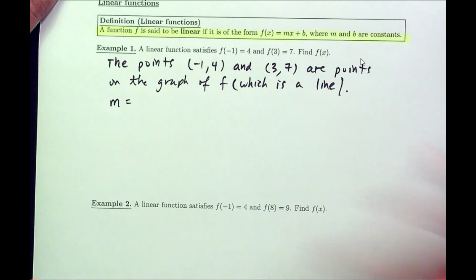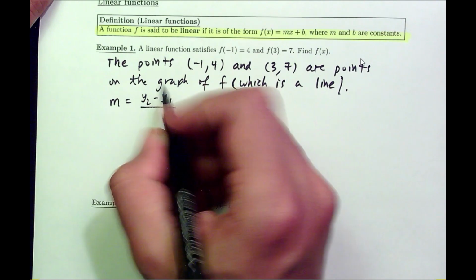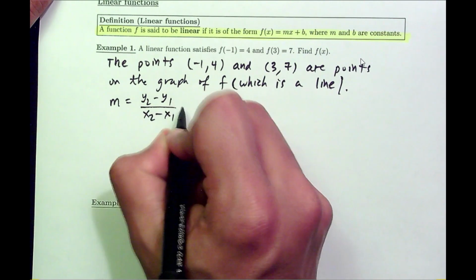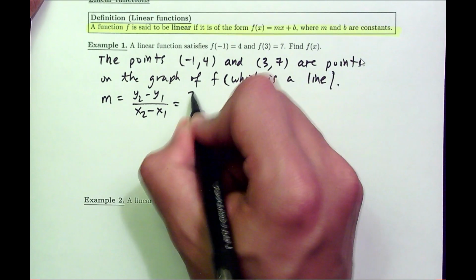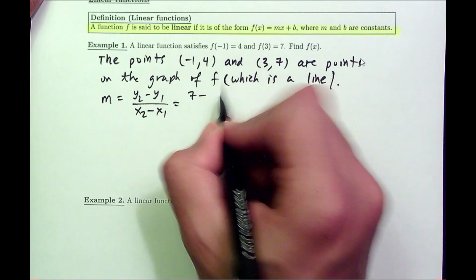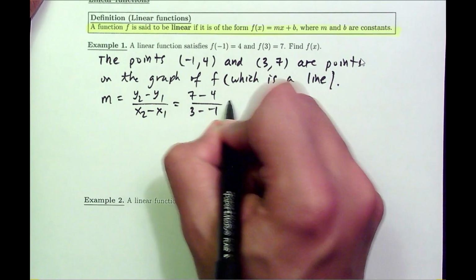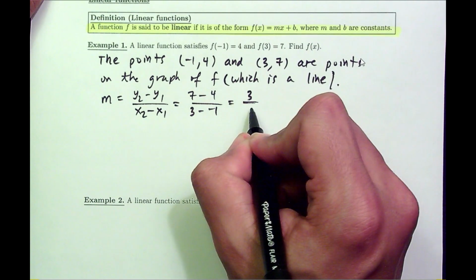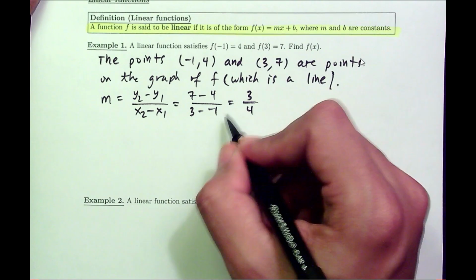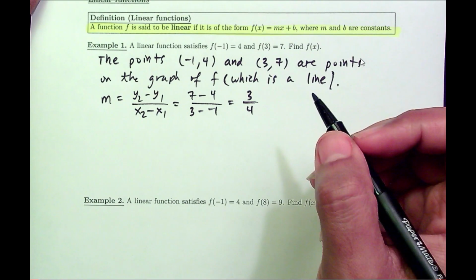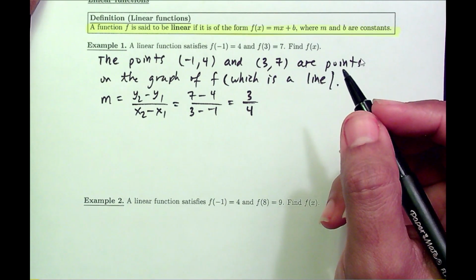So subtract the y's: y2 minus y1 over x2 minus x1. This is 7 minus 4 over 3 minus negative 1, which is 3 over 4, because minus negative 1 becomes plus 1, so the bottom becomes 3 plus 1, which is 4. All right, so that's the m.